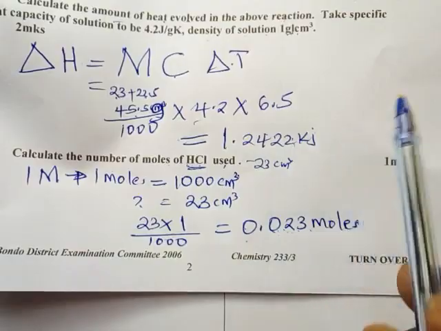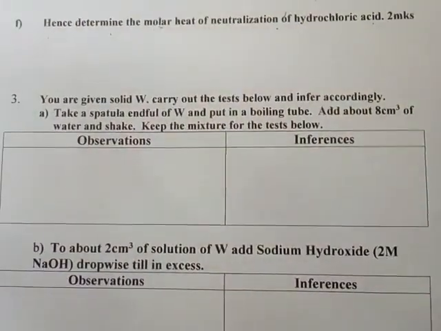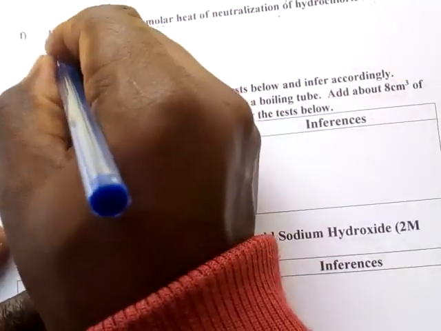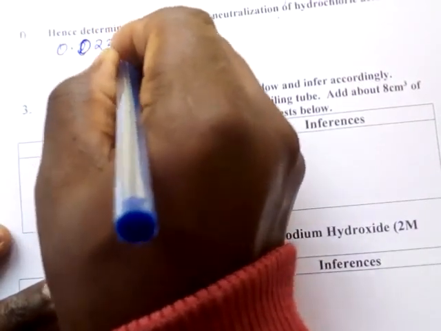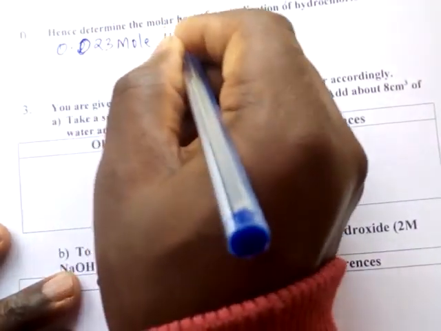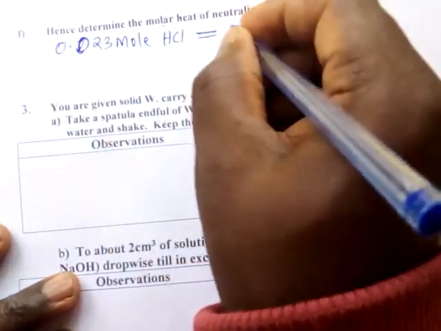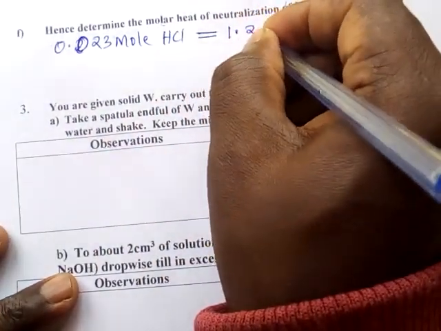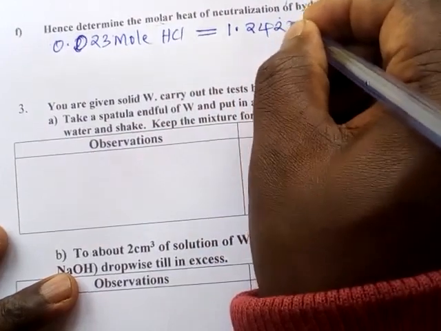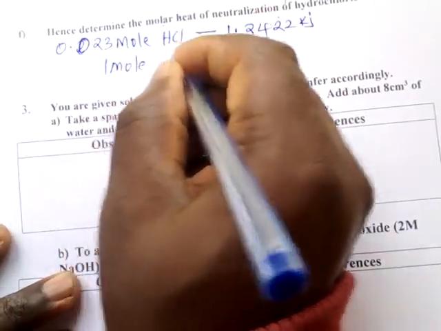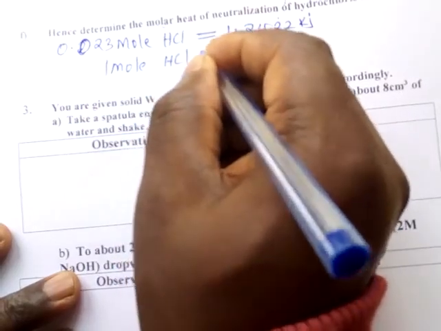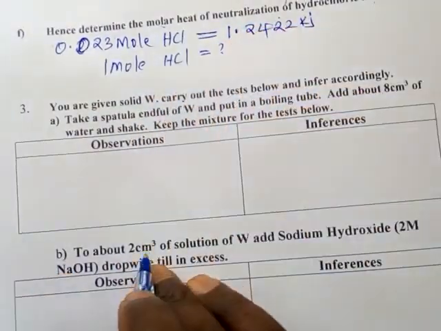What about 1 mole? 0.023 moles of HCl produced 1.2422 kilojoules. 1 mole of HCl will produce how much heat?